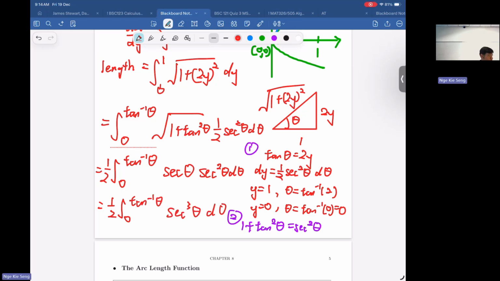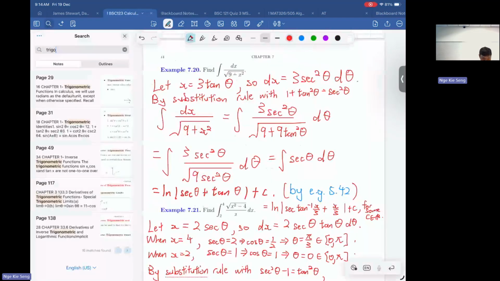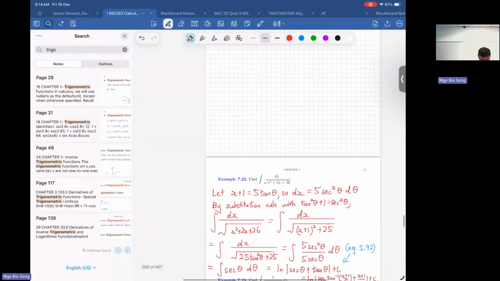Secant cubed theta. Did we do this kind of integral before? Secant cubed. Seems like we did it before. Let's check.